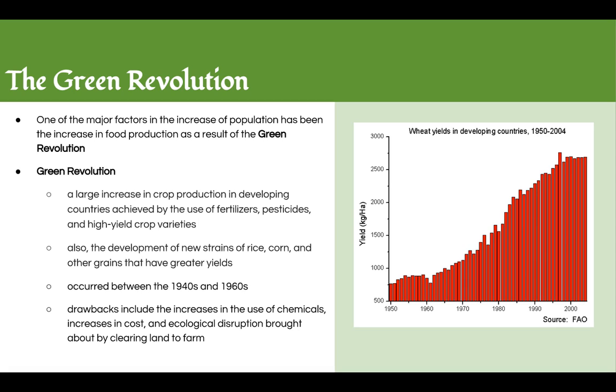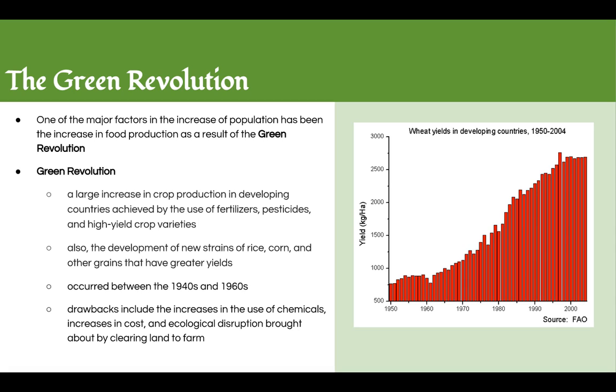In fact, here in RTP, we have companies that research how to create higher yields in these crops. And they research pesticides to use to make these plants produce kind of maximum amounts without being attacked by bugs, what have you. Some of the drawbacks, of course, to this include the use of chemicals, an increase in cost.